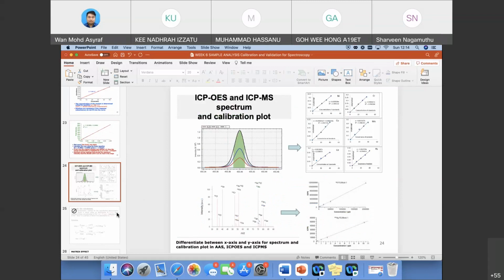So basically, it's still the same. You still need to have the calibration curve for each of the analytes. So for example, for this ICP MS, you have a couple, about 6, calibration curves here corresponding to each of the analytes.